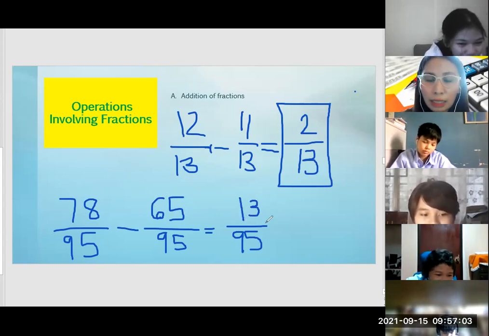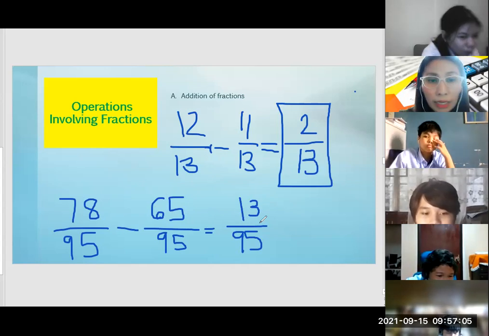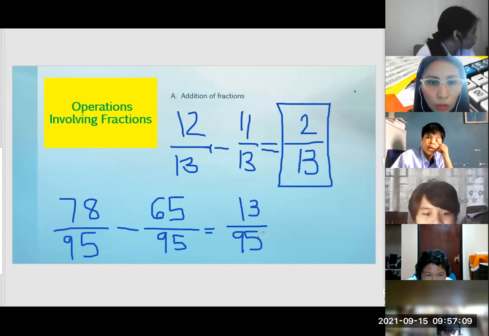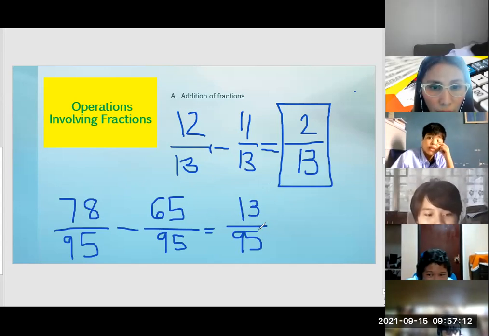Since 13 is already a prime number, so can we divide 95 by 13?